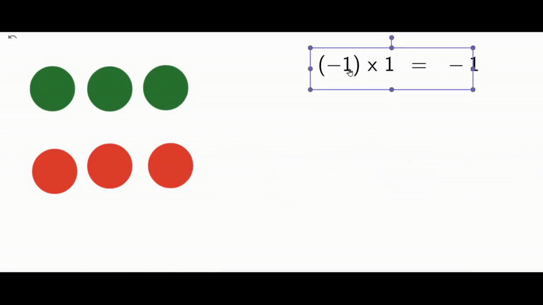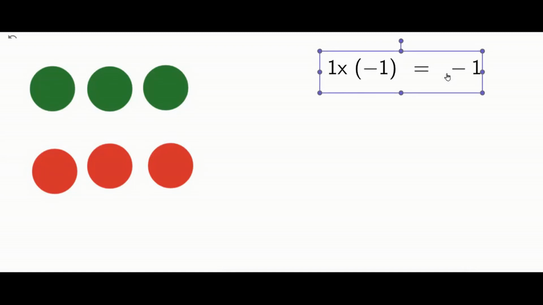Okay. What if I am looking at this? What does that mean? We know 1 times -1 is -1. And that means I am taking away a green dot from you. Remember, this -1 means taking it away from you.